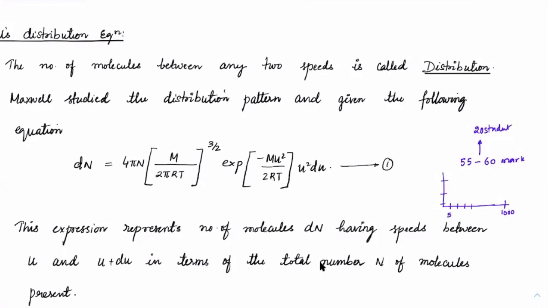The same thing, if I make a distribution of speeds versus the number of particles, for various speeds, between 5 meters per second to 10 meters per second, how many gas particles do we have? 100 to 200 meters per second, how many gas particles do we have? Like that, if I put the distribution with respect to the number of particles, that is called the distribution of gas.